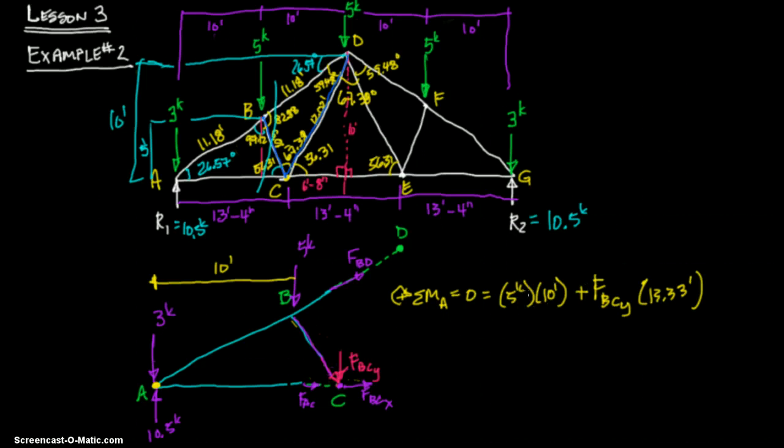So we'll have 50 here, and divided by, and then we have to have negative, so FBCY equals a negative 50 foot kips divided by 13.33 foot. Alright, and let's see what we come up with. 50 divided by 13.33, I'm going to put a lot of 3's in there. 3.75, and that's going to be kips.